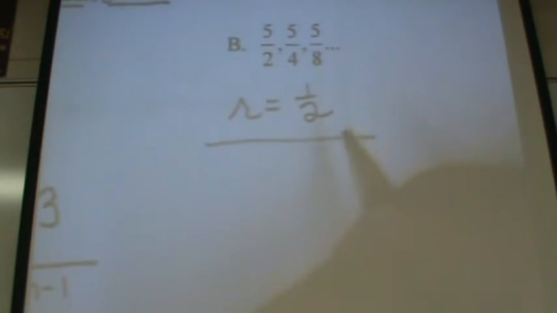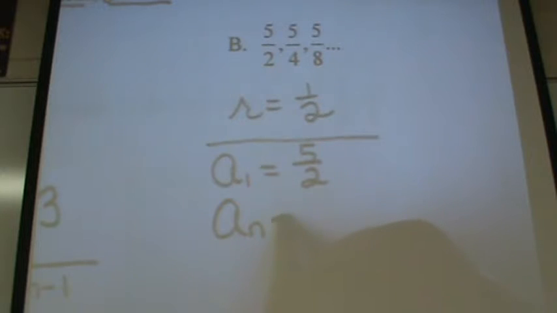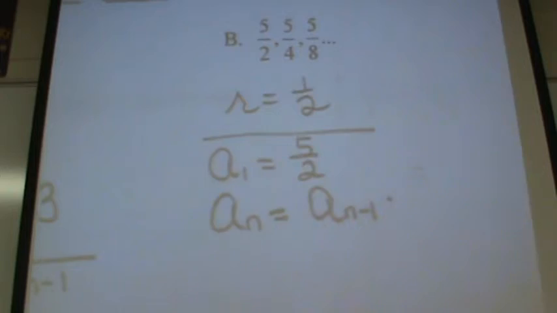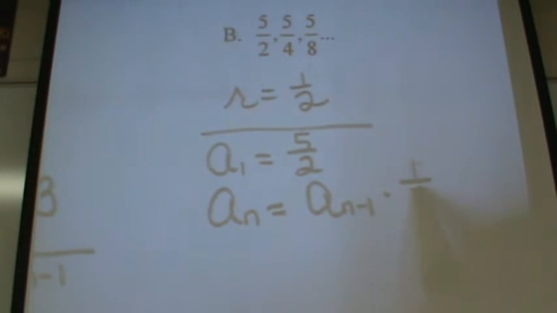So if it's geometric, how do you write the recursive formula? You state the first term, and if you know the previous term, you multiply it by the r value, which is 1/2, and you can find the next term, and the next one, and the next one.